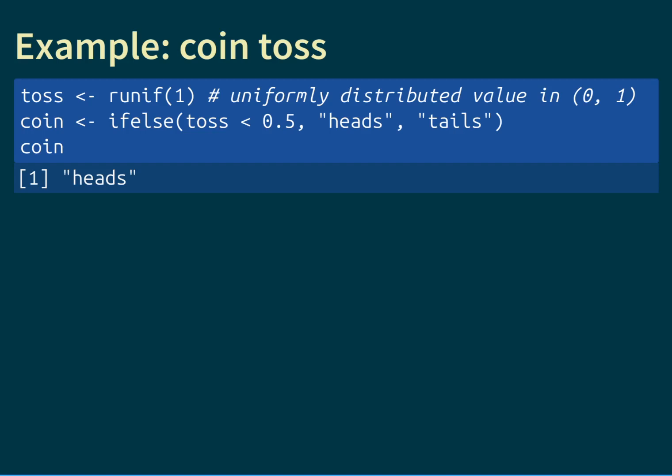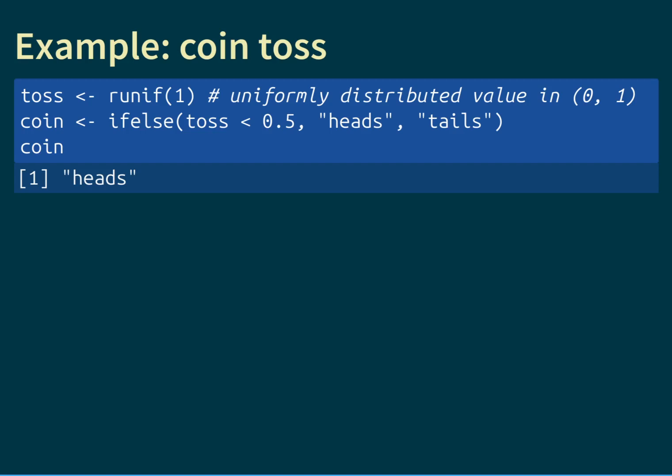And runif takes in an argument which is set to 1. That argument is the number of values that should be drawn from the interval, and they will be drawn independently. In this case, we only want one single uniformly distributed value between 0 and 1. So with equal chance, that number could be anywhere between 0 and 1. That is what we're generating here.